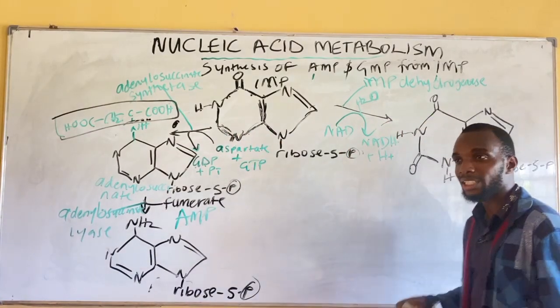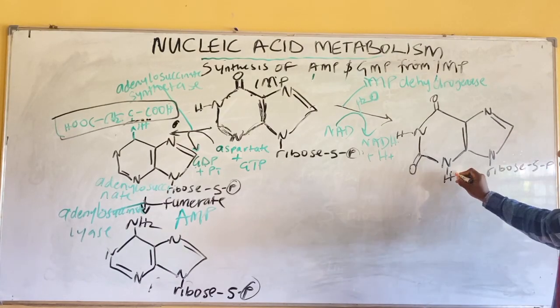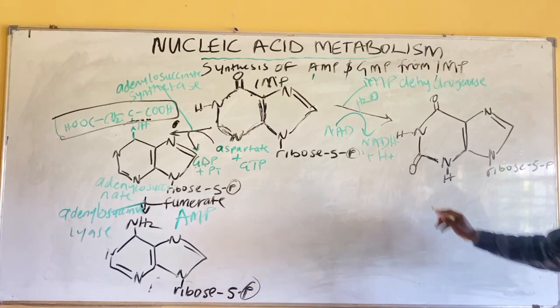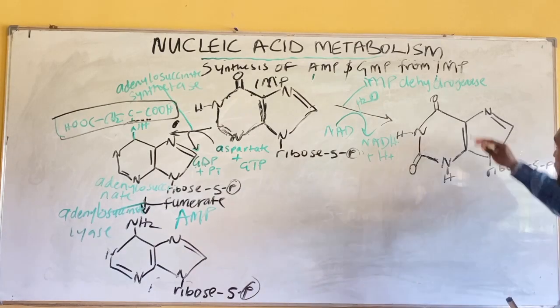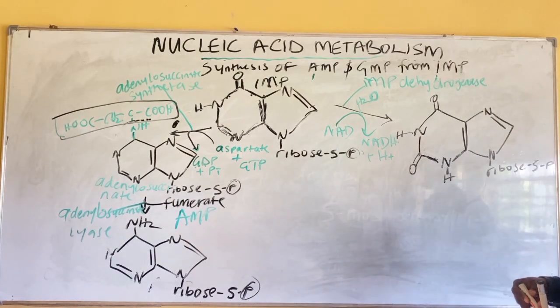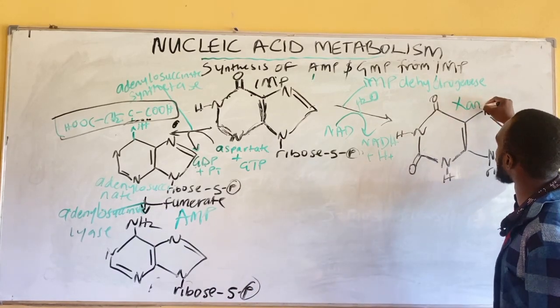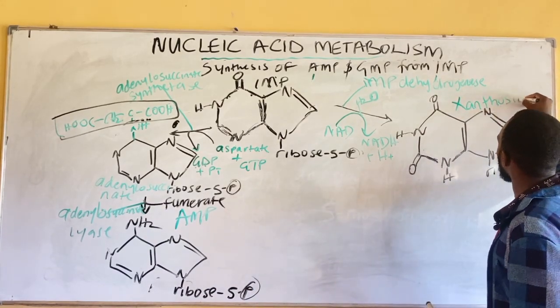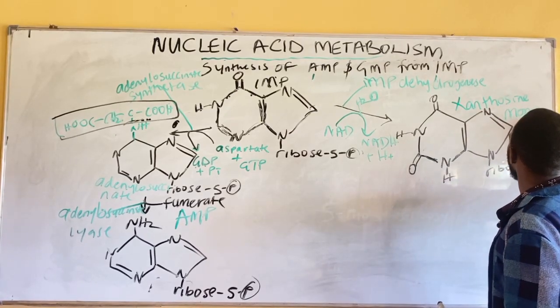Take time to assimilate all I've been saying so far about the structure. So now it is bonded to 1, 2, and 3 as well, with the oxygen here. Do you get this? So the name of this structure is xanthosine monophosphate.